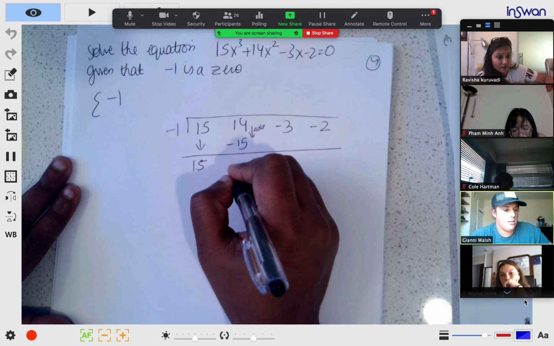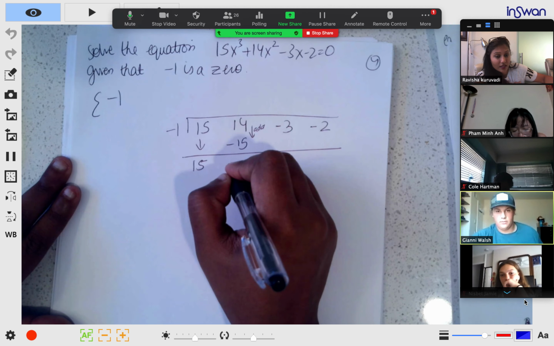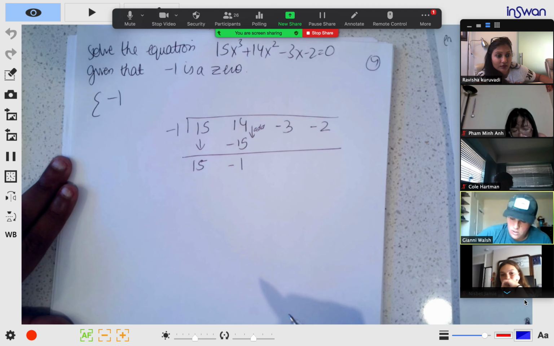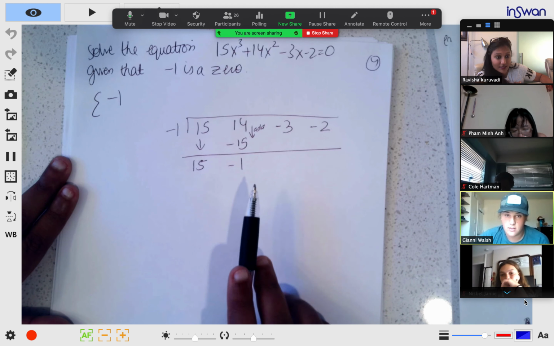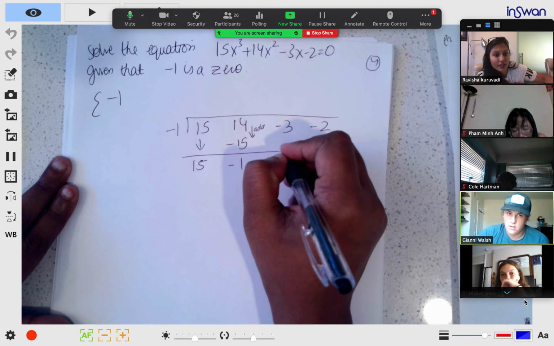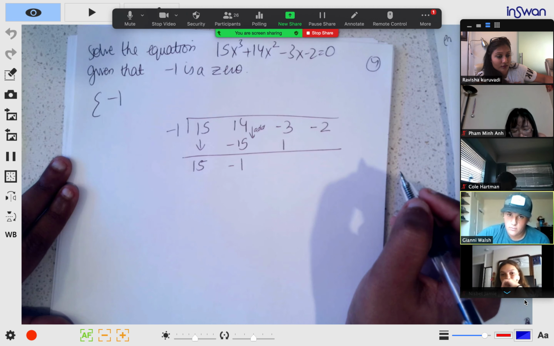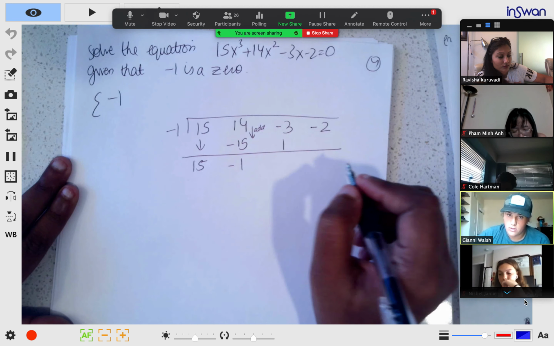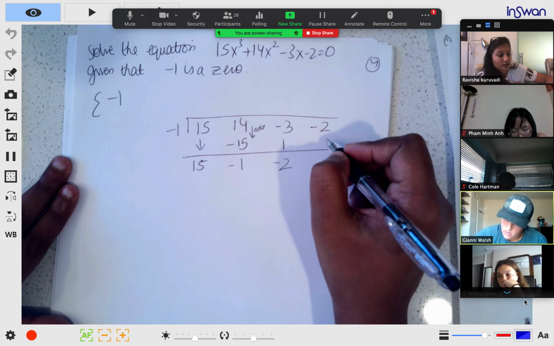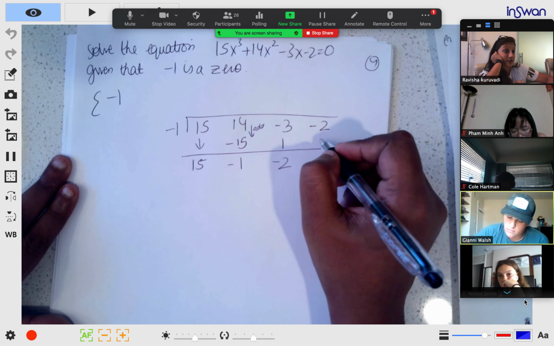You'll get negative 1. Okay, again then multiply. Multiply negative 1 and negative 1. Yes. Get positive 1. Okay, and then you add, what do you get? Negative 2. Then you multiply, what do you get? Positive 2.